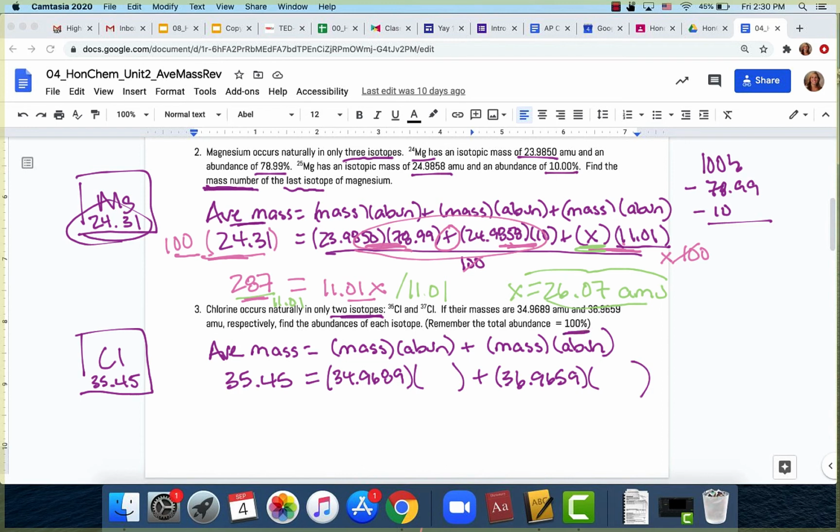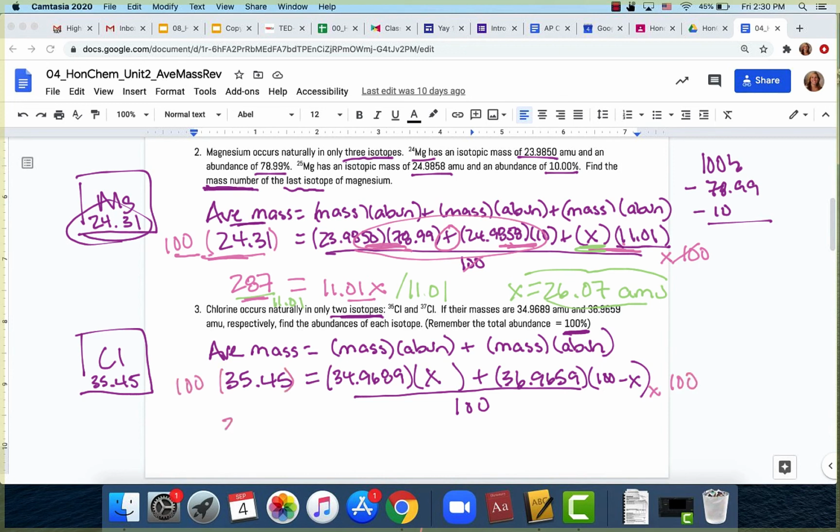So we're going to use that the abundances total 100. If I make the first one X, then the second one I can make 100 minus X. That way I don't have more than one variable. Then, again, we're going to divide all this by 100, so I'm going to multiply both sides by 100.